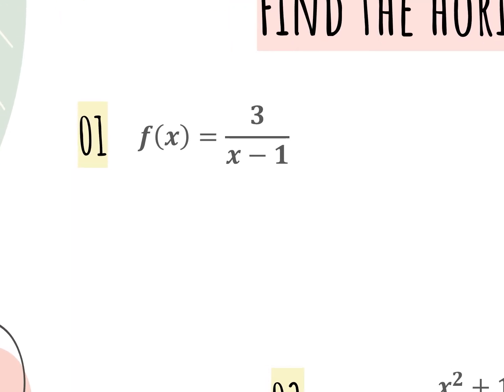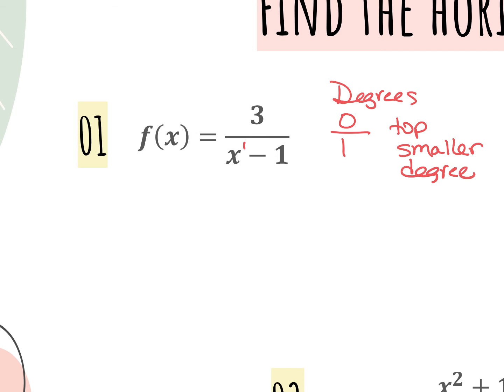Now, my first one's already set. Remember, the degree of a constant is 0. The degree of my denominator here, I can assume a 1. So the degrees are 0 over 1. The top is smaller. It's got the smaller degree.